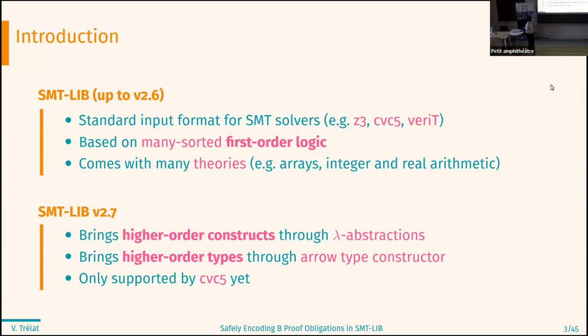But last year version 2.7 was released, which brings higher-order constructs and higher-order types. So we now have access to lambda abstractions and the arrow type constructor. This opens the door to higher-order logic in SMT solvers. Yet it's only supported by CVC5, but it's already enough to test some things out.